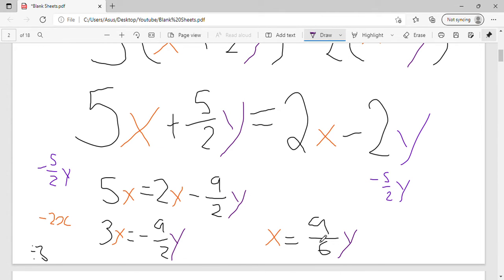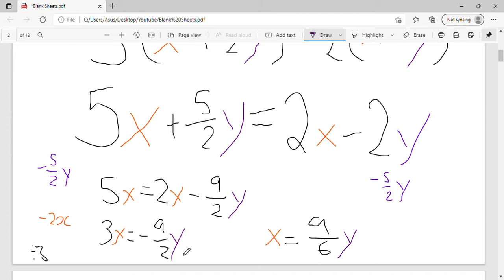So if you want to understand why it becomes 9 over 6, dividing by 3 is the same as multiplying by 1 over 3. We'll have some more videos coming out soon about multiplying and dividing fractions together. So it's the same as multiply by 1 over 3 or 1/3.